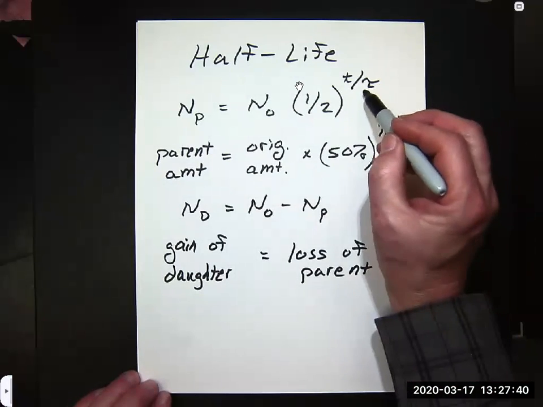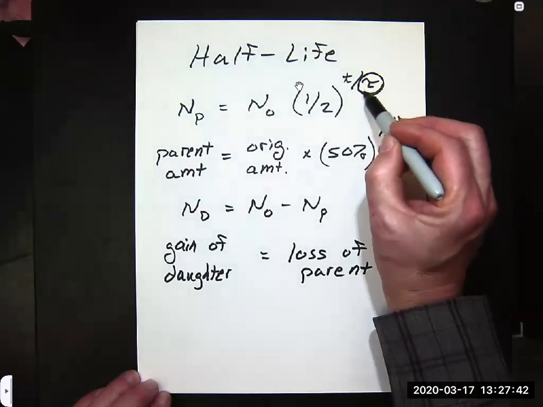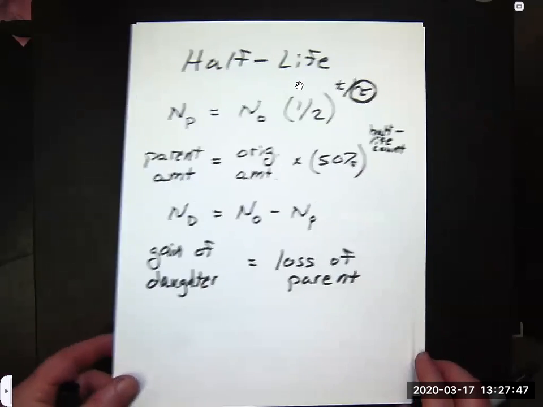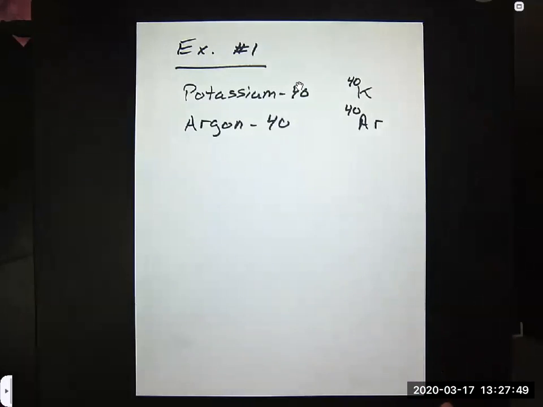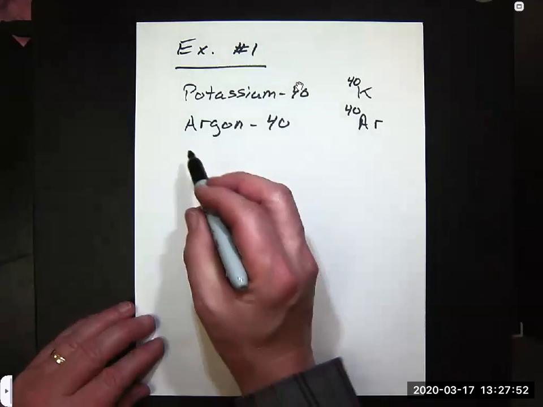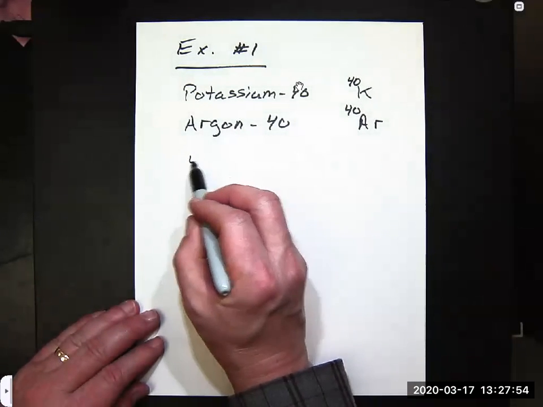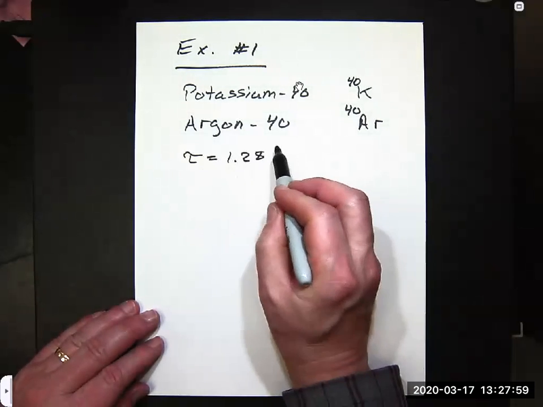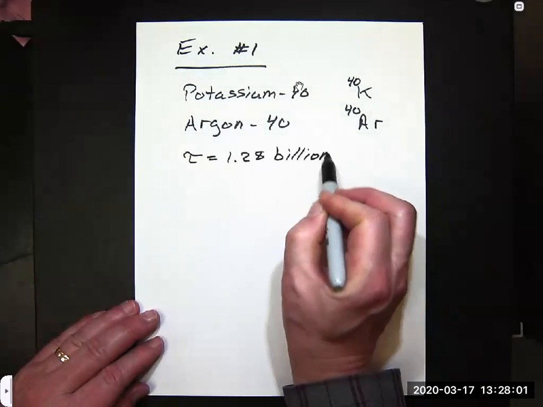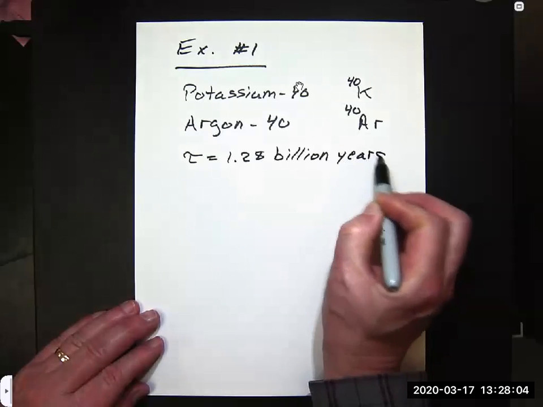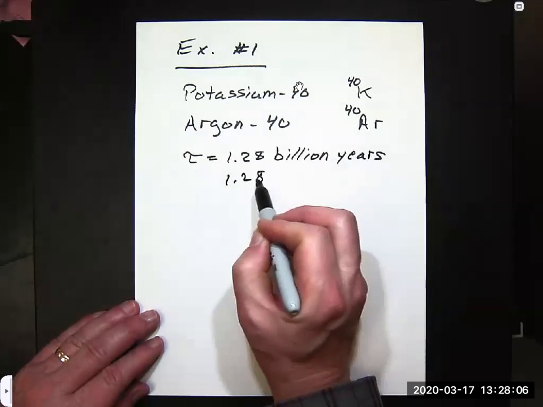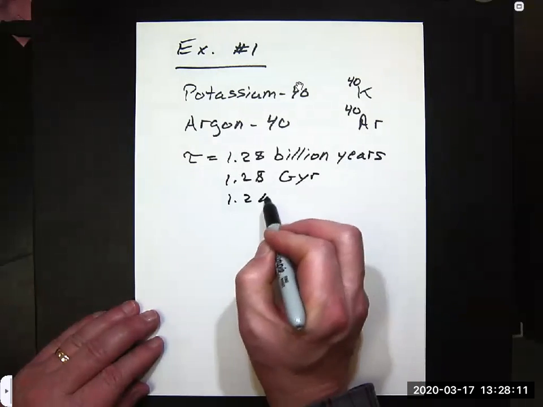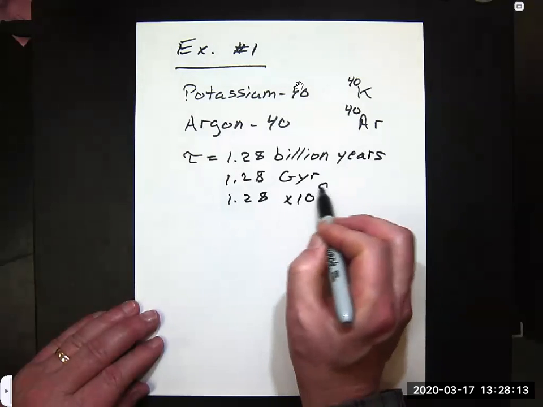At that time, we usually give the symbol Greek letter tau. So it's an amount of time in seconds, days, or years, depending on what the substances are. In this example of the decay of potassium-40 to argon, the time scale here is 1.28 billion years, or 1.28 gigayear, using the metric prefix, or in scientific notation, 1.28 times 10 to the 9 years.